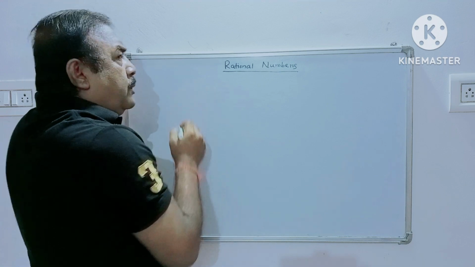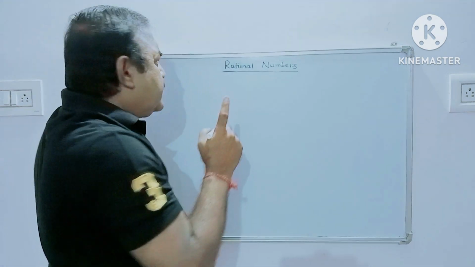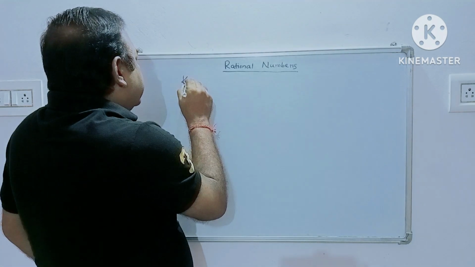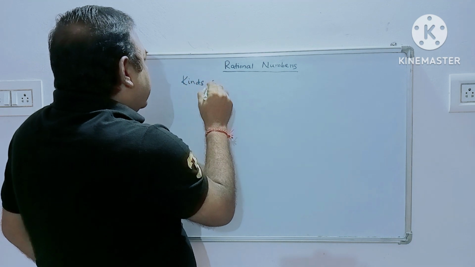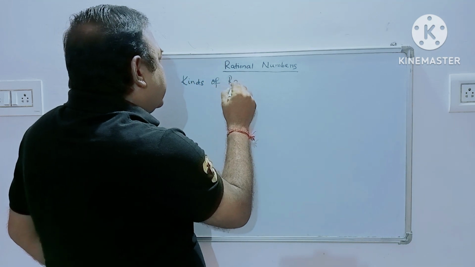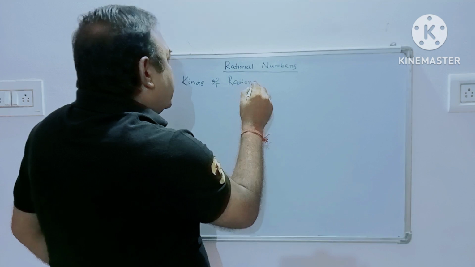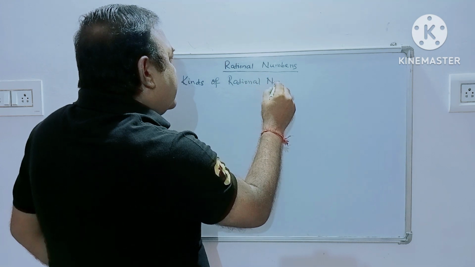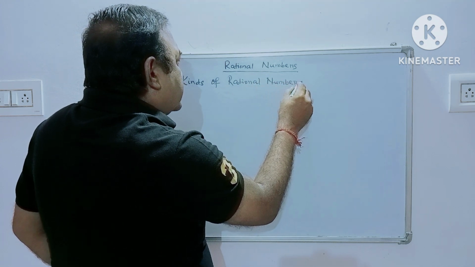So let us move to types of rational numbers. It is better to say kinds of rational numbers.